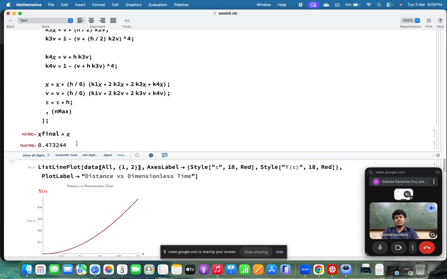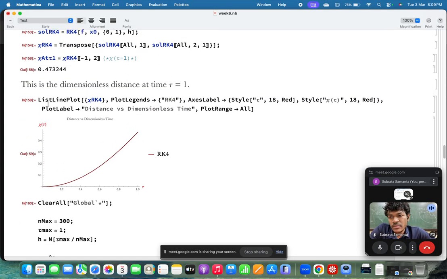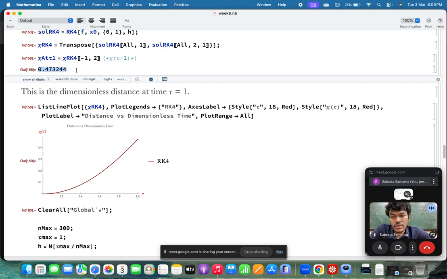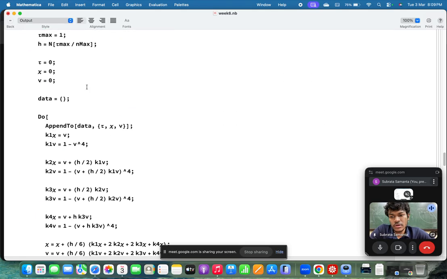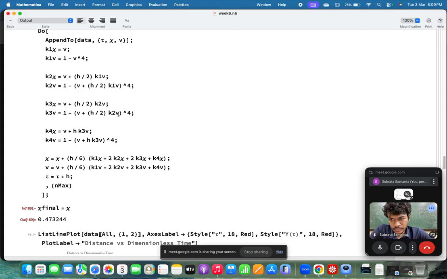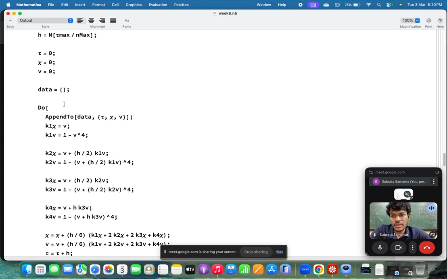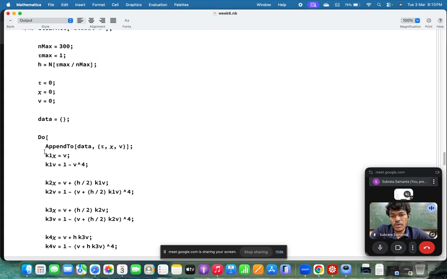So, that is basically this, 0.473244. So, exactly the same as you calculated before. You can also define an RK4 module before, but you can also do this by explicit loop.